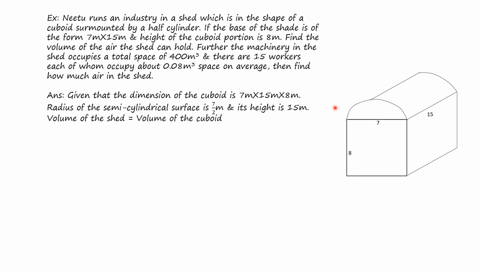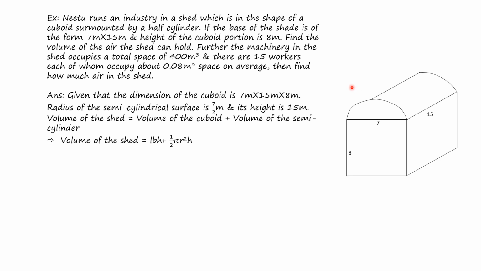Now, volume of the set equals volume of the cuboid plus volume of the semi-cylindrical part, or it is nothing but L B H, because volume of the cuboid is L into B into H, plus 1 by 2 pi r square H, because total volume of the cylinder is pi r square H. It is a semi-cylinder, so it is 1 by 2 of the volume of the total cylinder.